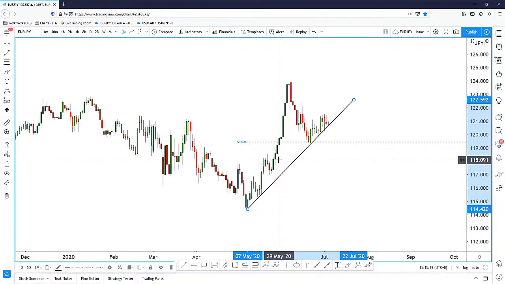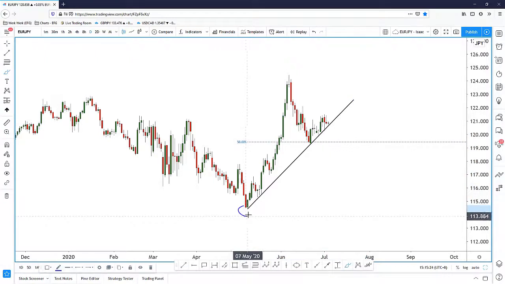It's okay to cut the wick, but let's never cut the body. We see that when price made a low here, price touched the trend line at this point. If we connect these 2 points and project it forward, this is where the trend line is holding price. So even though price seems to react out of nowhere, this trend line is really the thing that is causing price to react.